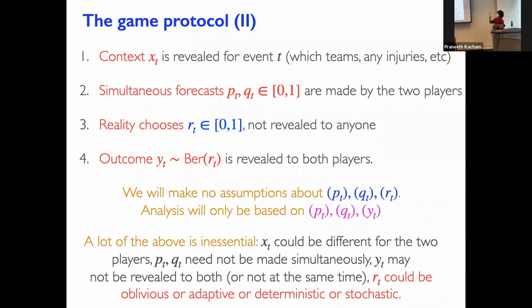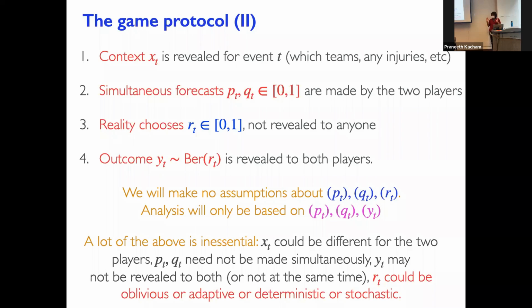It could be. So that is allowable, as I've just written over here. A lot of the above could be inessential, in the sense of the stuff I said before, like the players need not play simultaneously. And the additional inessential part is that RT really could be anything. It could be oblivious, it could be adaptive, it could be deterministic. You can imagine RT equal to YT in every round.